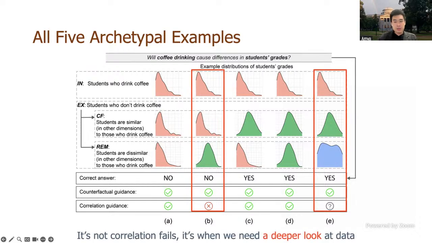But we also want to acknowledge that these are not cases where correlation fails. Probably this is simply when people's judgment of causality from data fails, hence we may need a deeper look at the data, and that's why counterfactuals could be helpful under such circumstances.